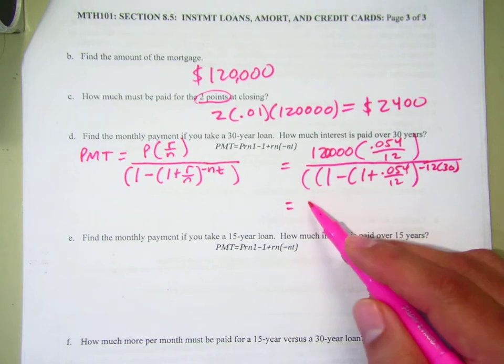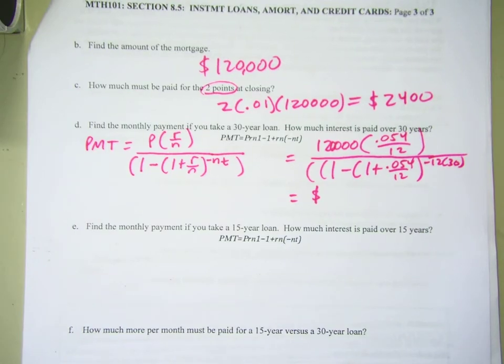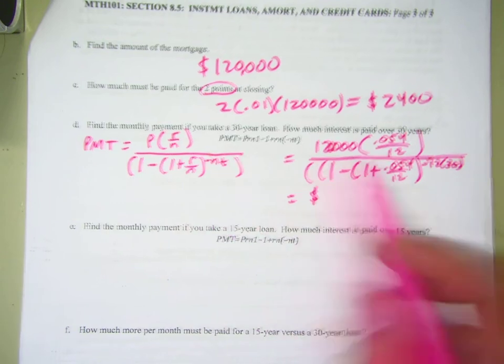What are we getting? Yes. So whenever we're doing a problem like this, the little n gets turned into a negative.